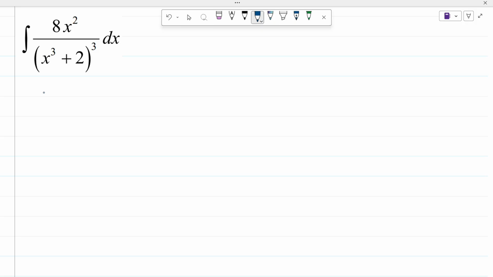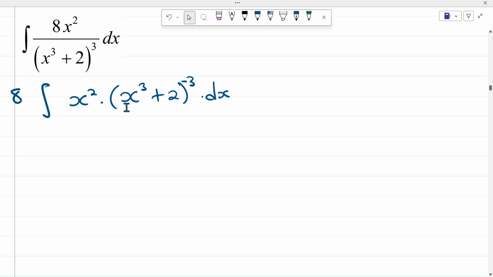So we can rewrite this nicely first, of course. I write my 8 outside here, then my integral, and then x squared times x cubed plus 2 to the power of negative 3 dx. The derivative of x cubed plus 2 is 3x squared, so we should force 3x squared here. I put a 3 here and then put 1 over 3 outside, so that the 3 and 3 cancel out, and we go back to the same question.